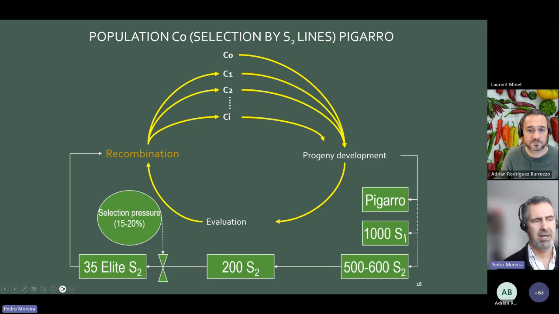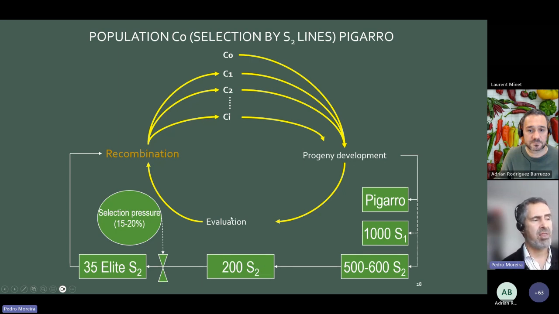So basically the system that we do is around 1,000 S1s, the selfing. Then in the next year we do 500 to 600 S2. So we self again from these selfed ones that were chosen. Then we choose the 200 selfing lines and we do an evaluation trial.